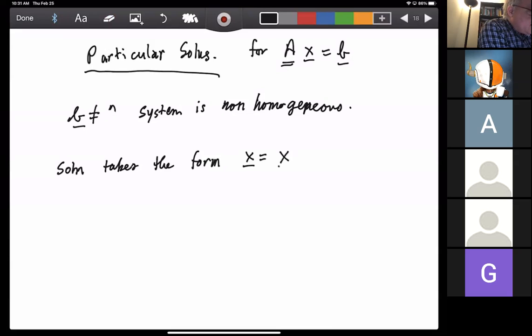X is equal to X sub h, the general solution of the associated homogeneous problem, plus X sub p.